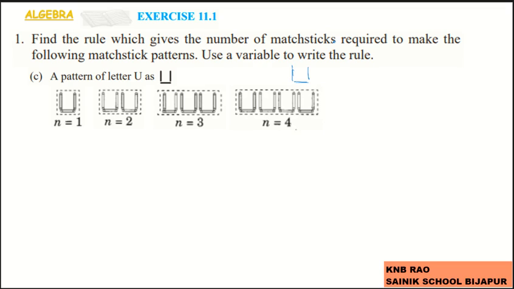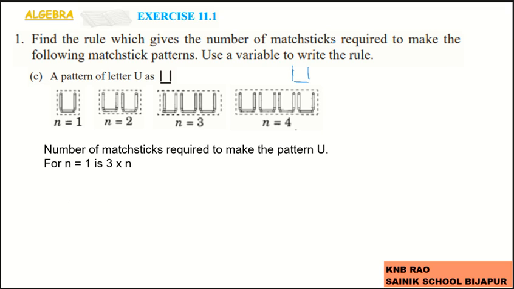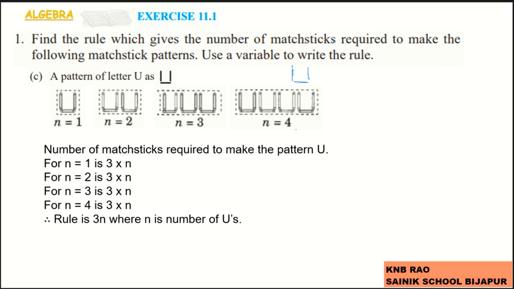For 4 U's we need 12 matchsticks. So the rule is 3n, where n is the number of U's.